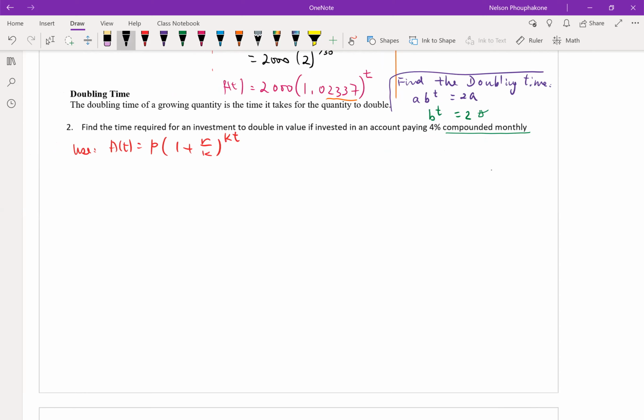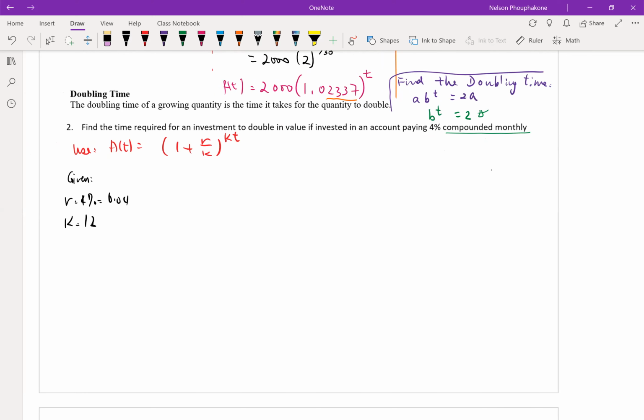Then what do we know? We know that the interest rate is 4%, which is 0.04, and we also know that k is equal to 12. However, the problem didn't give us the principal.